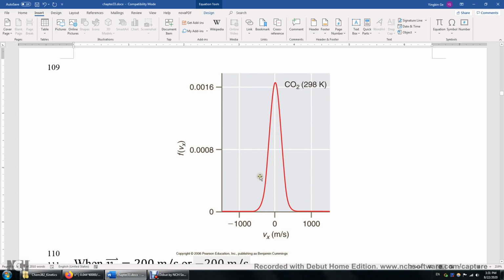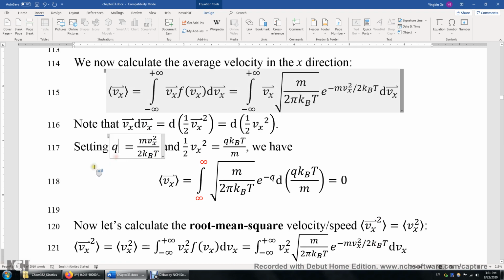And the probability of finding the particle moving at, for example, 200 meters per second versus negative 200 meters per second are exactly the same. So they cancel. Whatever velocity you find on the positive side, you will also find the same probability density on the negative side. So that's why they cancel.